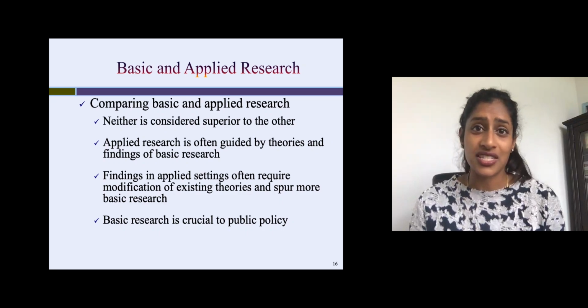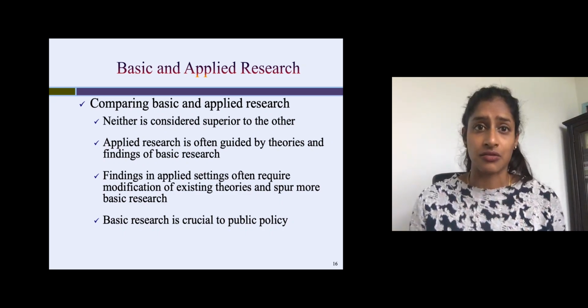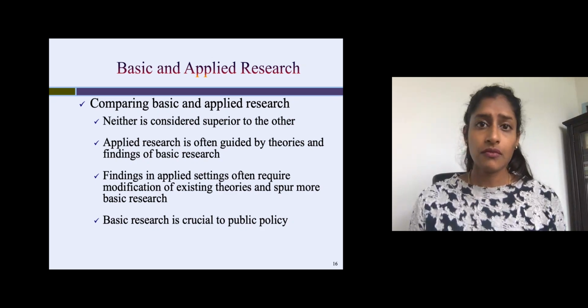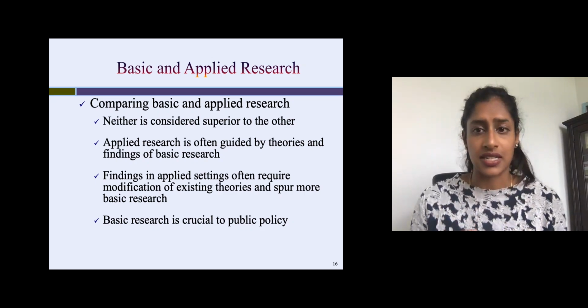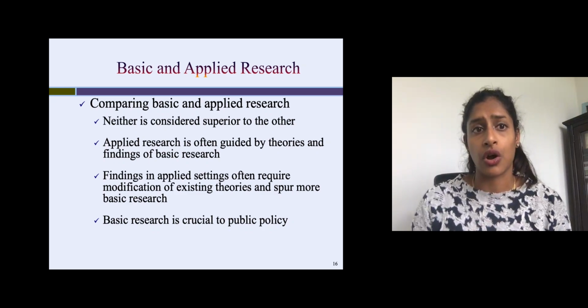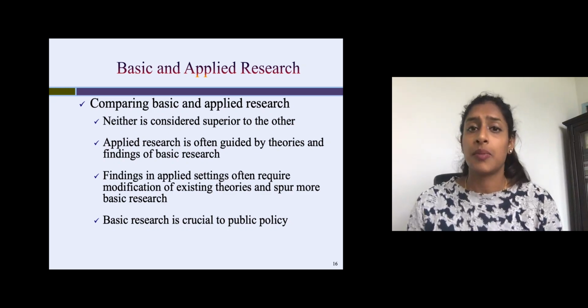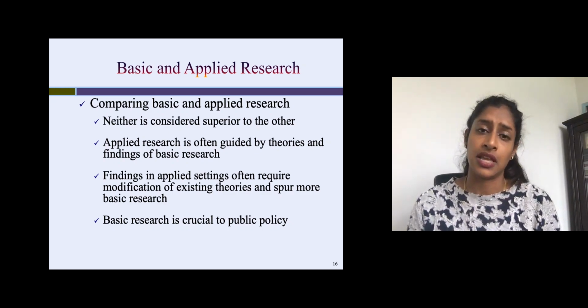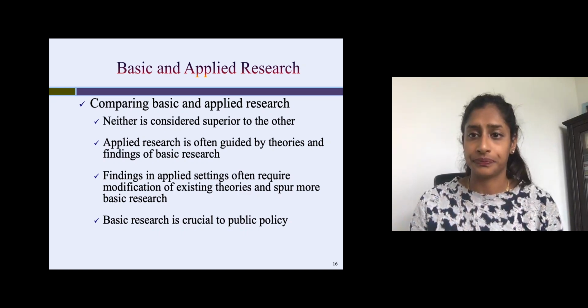We have to have an understanding of an event, right, or of this construct that we need to take a look at. So both our basic and our applied research are important. They serve very specific purposes, but again, neither is superior to the other. They actually influence one another.